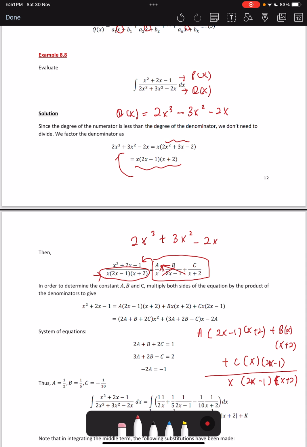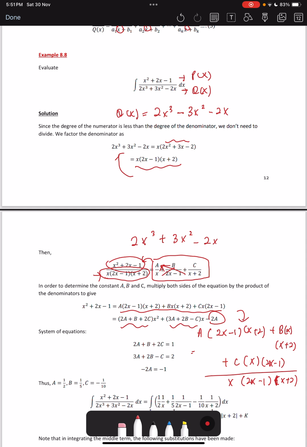Okay, so now the right side is the same as the left side. You expand this part, and you get terms in x to the power of 2, in x, and just the constant. So you replace it back here.